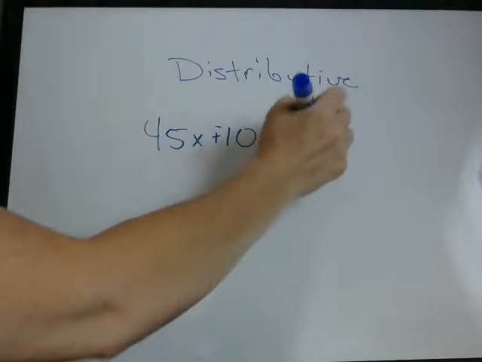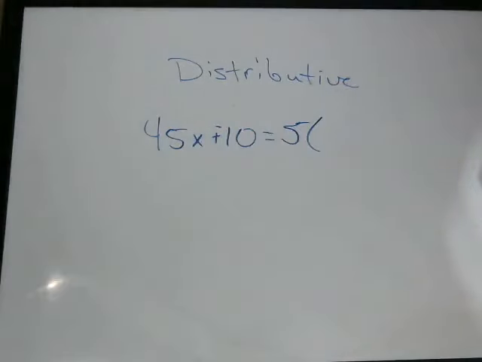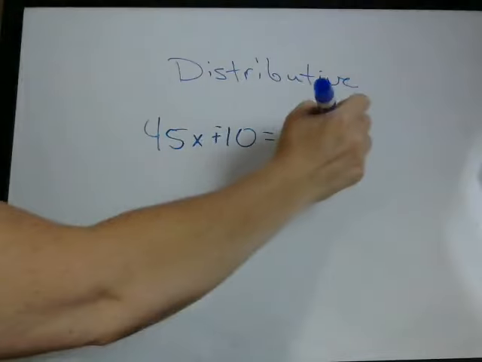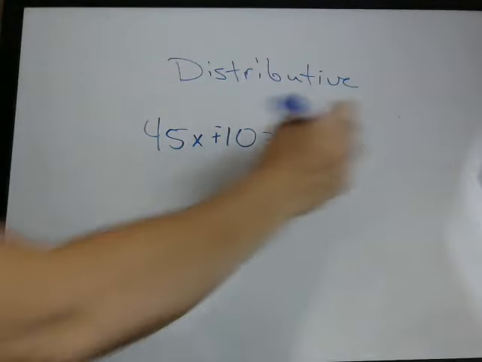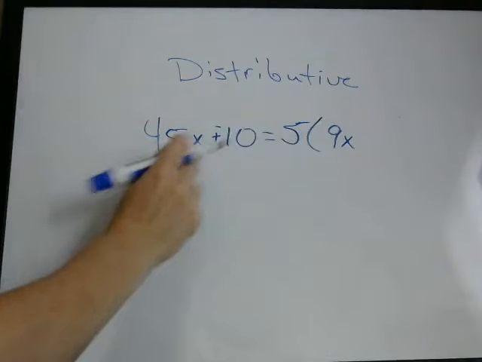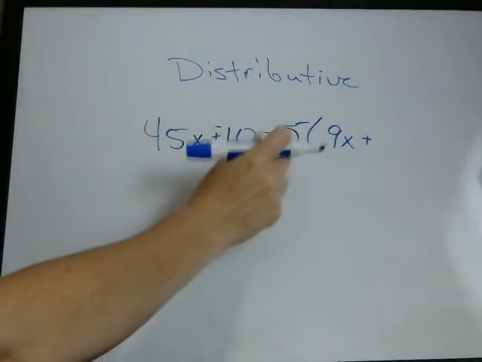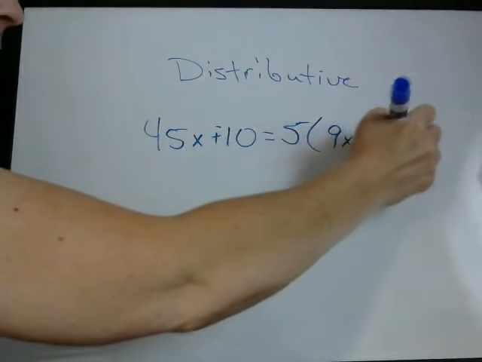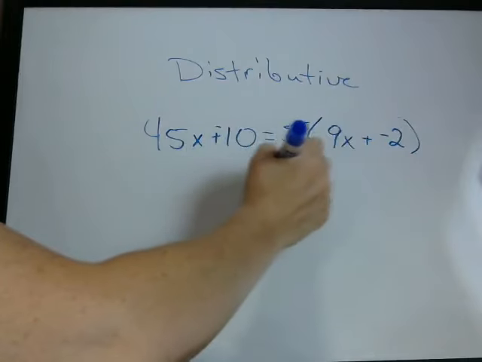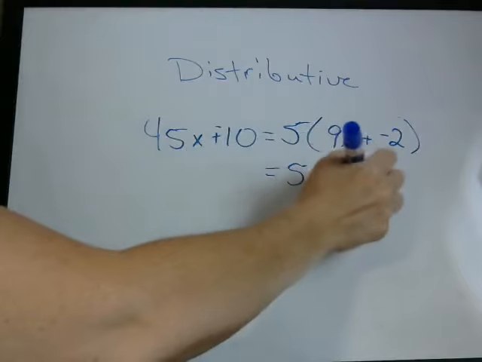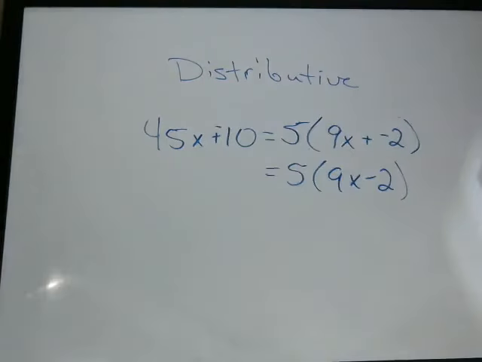So we pull a 5 out. 45 divided by 5 is 9. Remember, that's 45x, so it's 9x. 45x divided by 5 is 9x, plus negative 10 divided by 5 is negative 2. And we can write that as 9x minus 2.